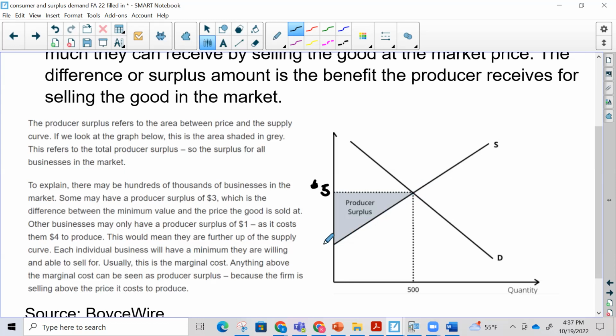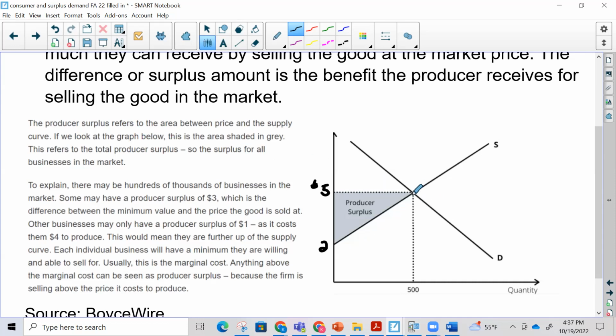So some are willing, if this is $2, to sell it for $2, some for like $3, some for $4, some for $4.99. And so the difference between what they're actually getting and what they're willing to sell it for is the producer surplus. And the producer surplus refers to the area between the price and the supply curve.